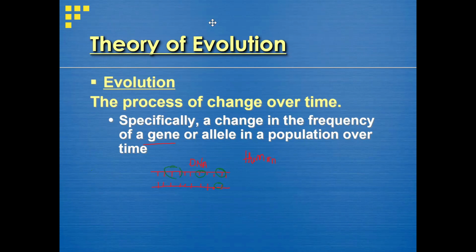In human beings, we have over 25,000 genes. So a change in the frequency of a gene or allele in a population over time is what brings the process of evolution.